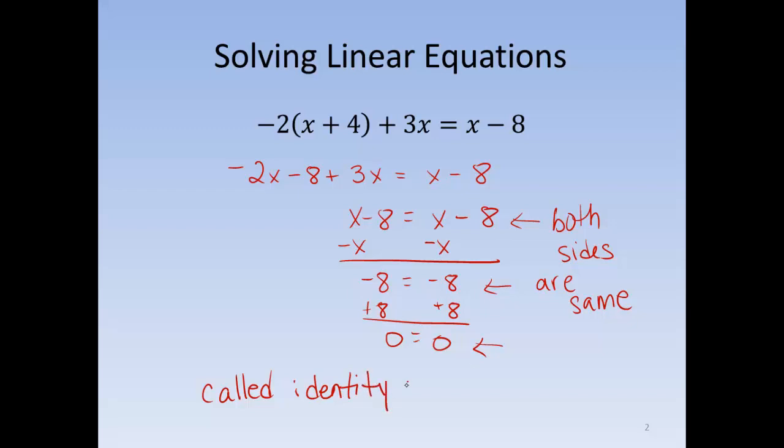When you have an identity, we say that the solution is all real numbers. Any number we choose for x will work. You can also use the double bar R if you want for that.